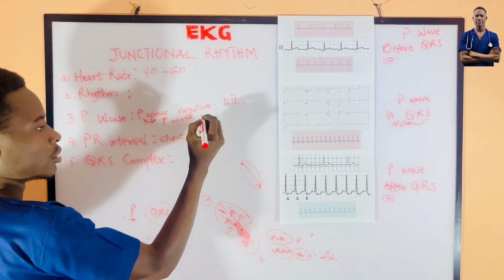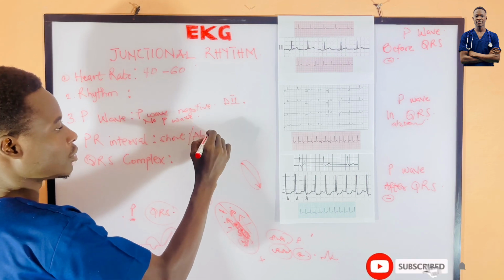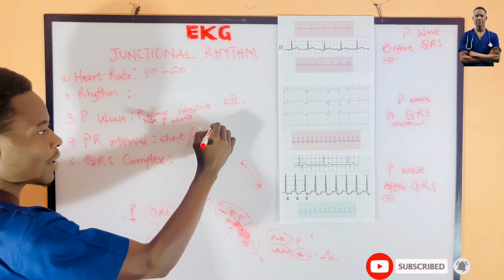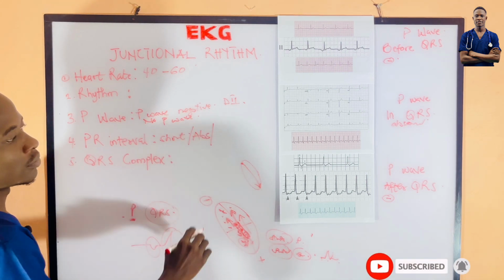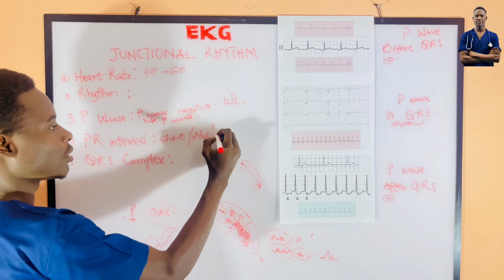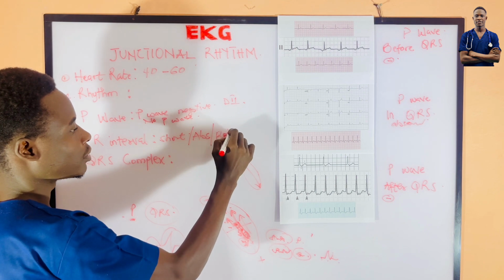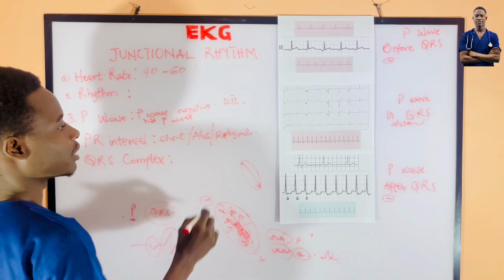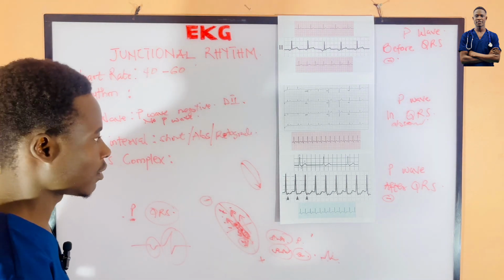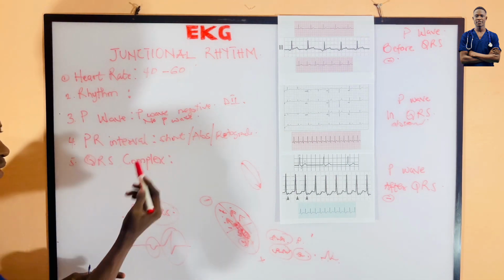Or you won't see it, it can be absent. Or it can be retrograde. Now, how are you going to explain this?